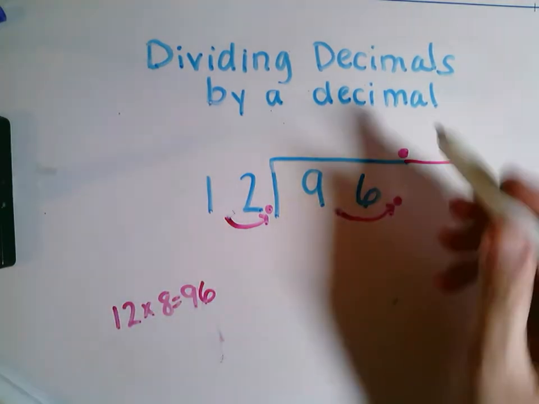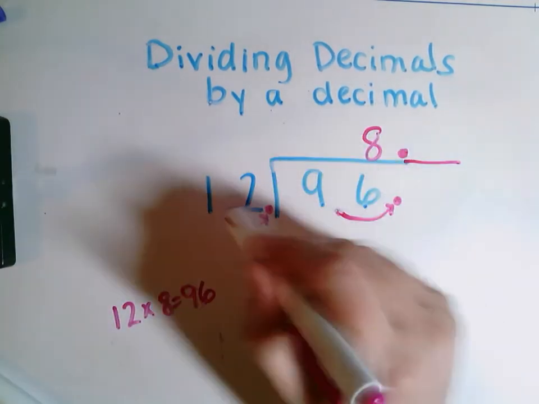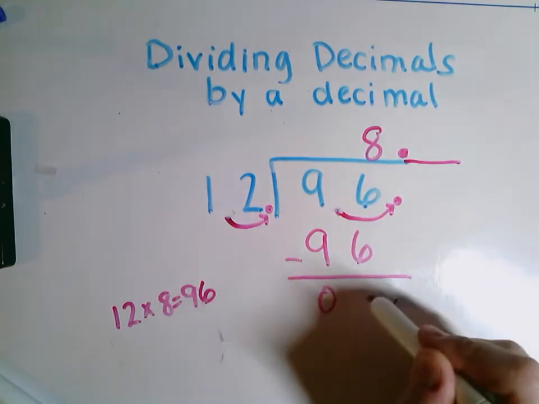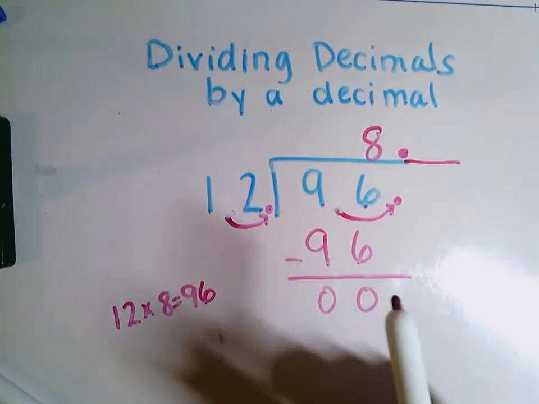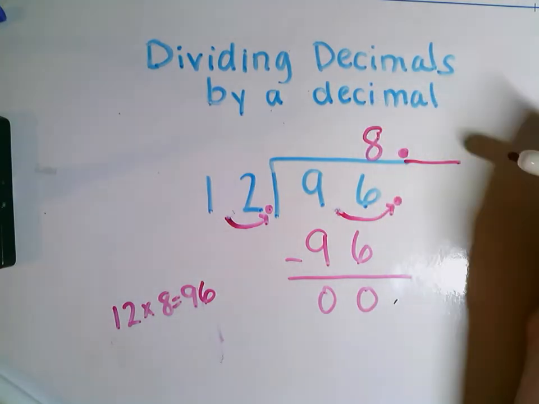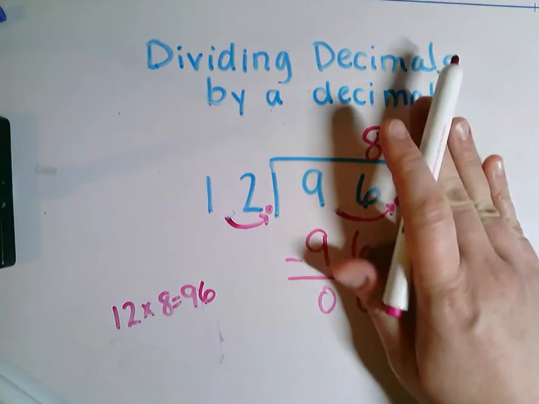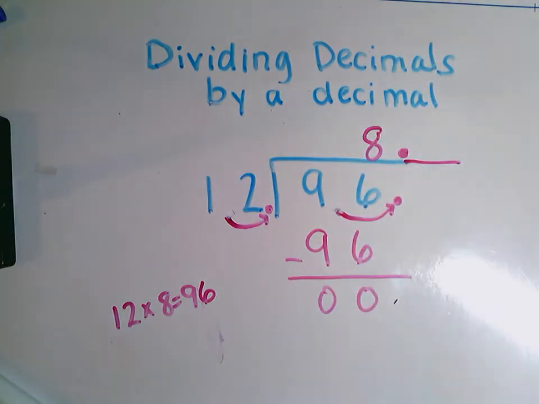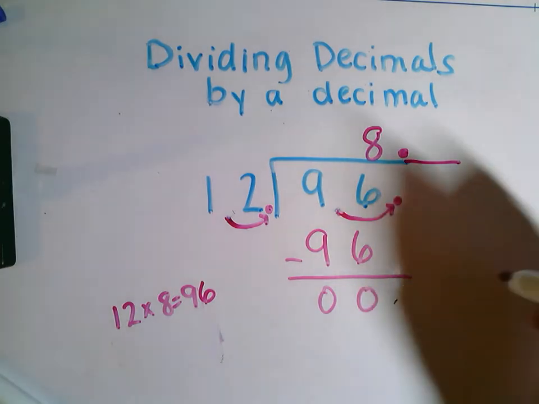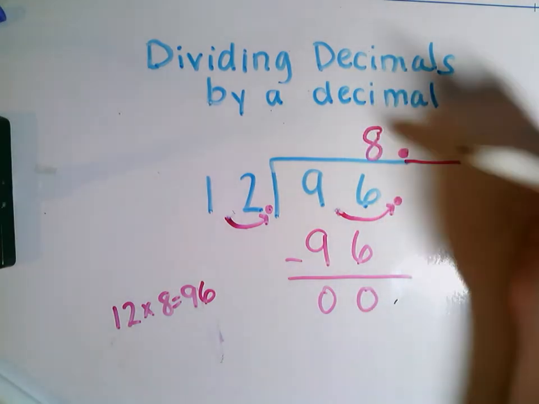So I'm going to put my 8 up here. 8 times 12 is 96. When I subtract, I don't have anything left. So my answer is just 8. I didn't have to put any extra decimal places into my quotient. So even if you're dividing two decimals, you could have a whole number answer.